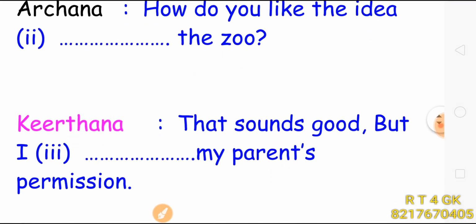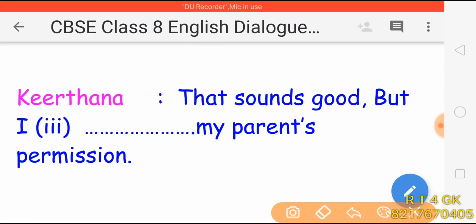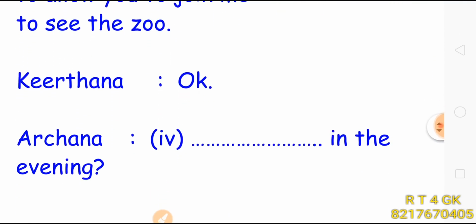That sounds good, but dash my parents' permission. I need to take my parents' permission. Okay. I'll come to your house this evening and request your parents to allow you to join me to see the zoo. Okay. Dash.